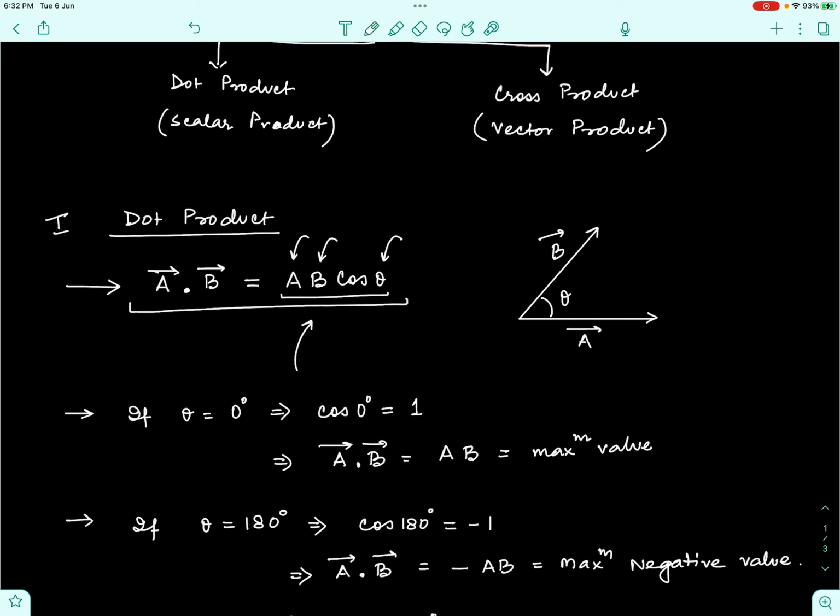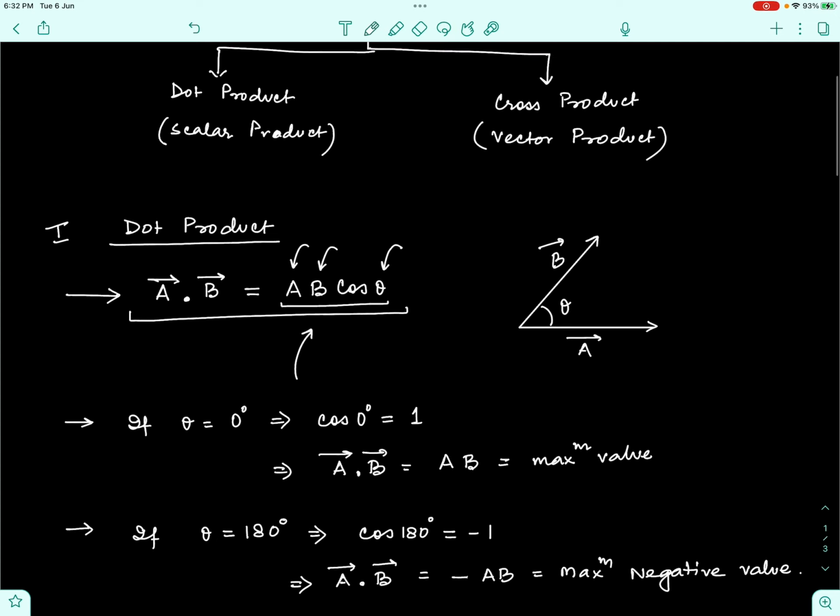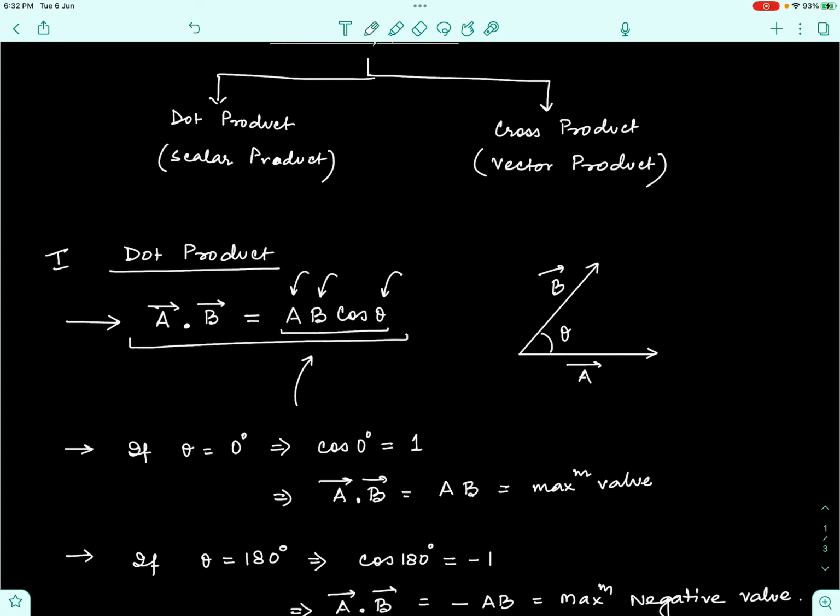That's the reason why dot product is also called a scalar product. Why? Because the result that we get out of a dot product is a scalar quantity. It is not a vector. Though we are taking the product of two vectors, the answer that we are getting is a scalar quantity. Hence the name scalar product.